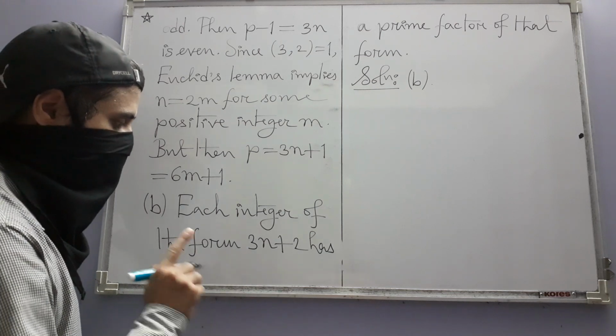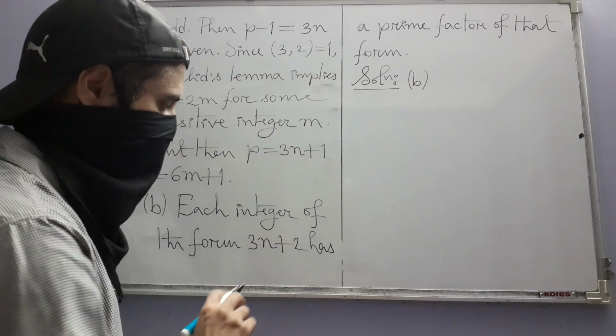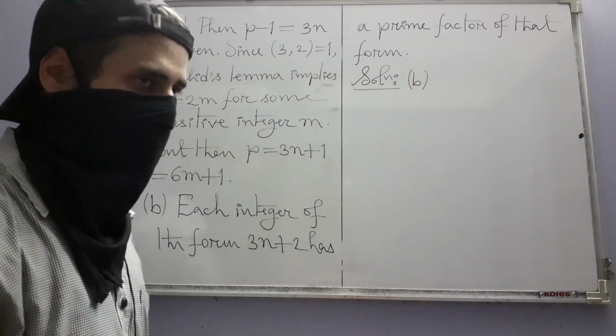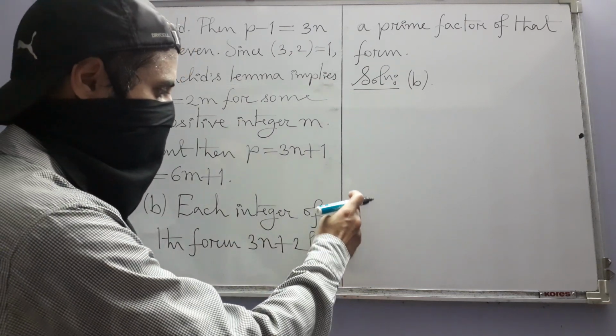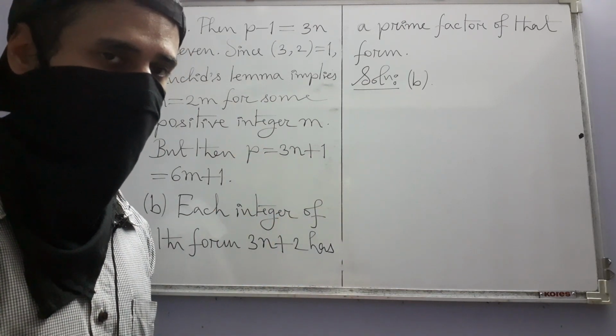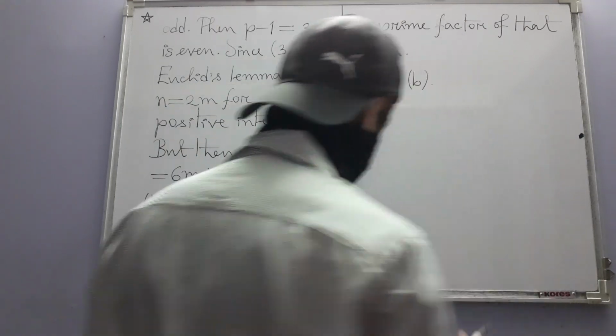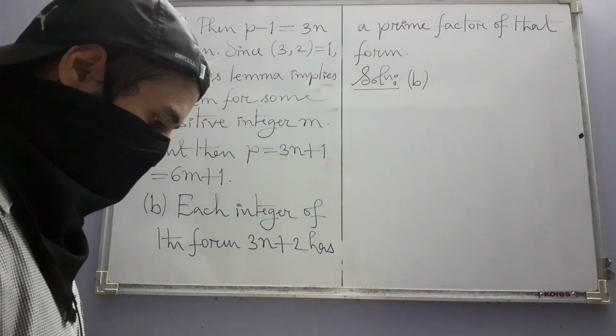Okay, now note carefully that any integer of the form 3n plus 2 does not include the numbers 0, 1 and -1.